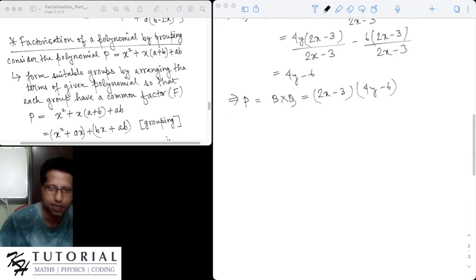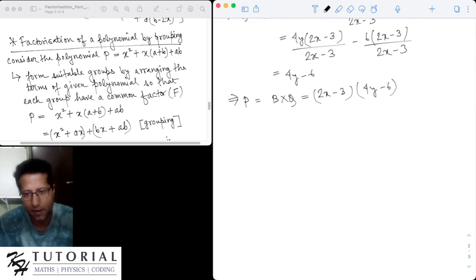So the idea is that you have a polynomial. I am taking the example in the notes only.